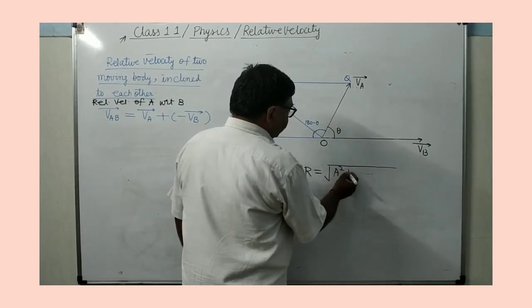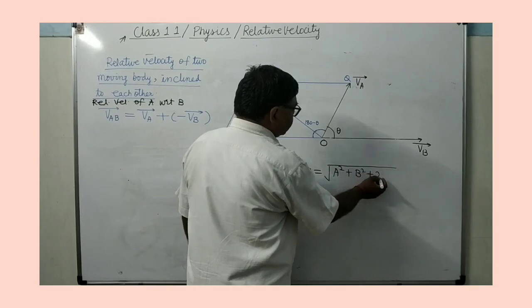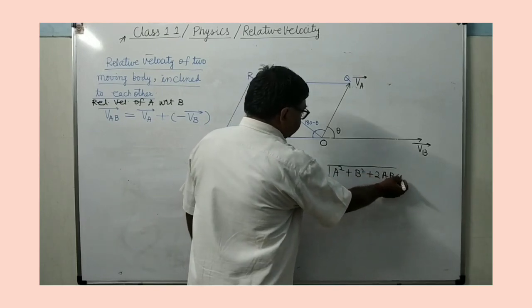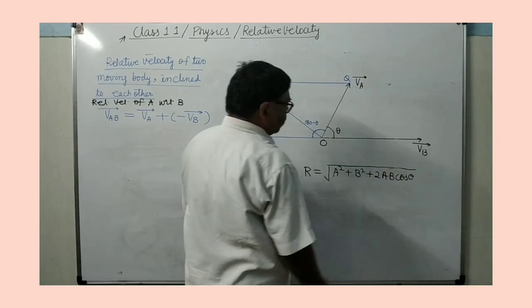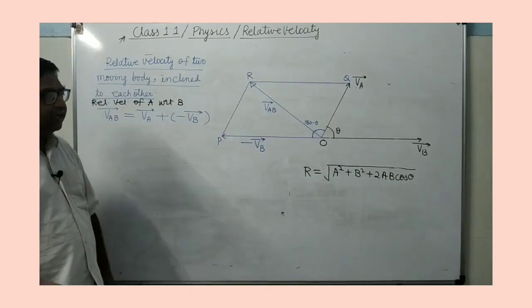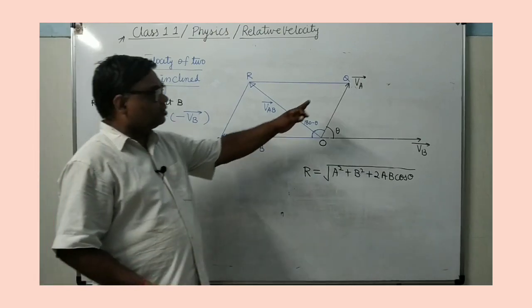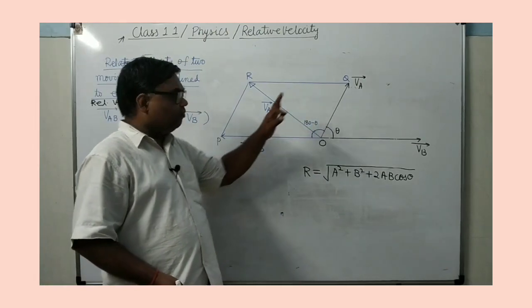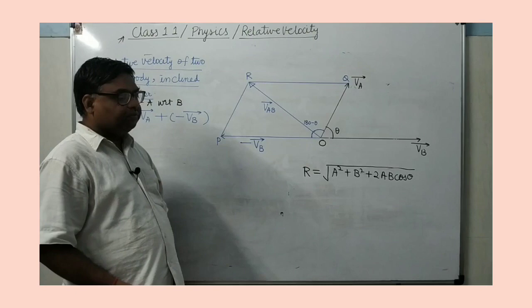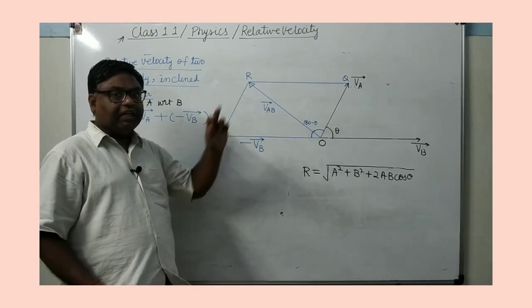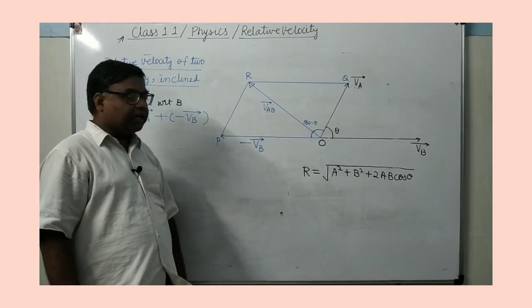It is given by the square root of A square plus B square plus 2AB cos theta. This is the magnitude of the resultant of two vectors A and B acting at an angle theta. So you treat vector VA as A and negative vector VB as B.